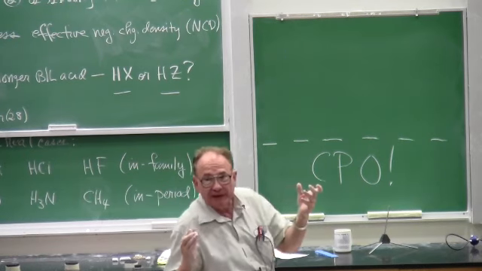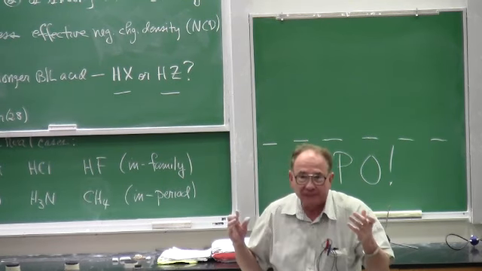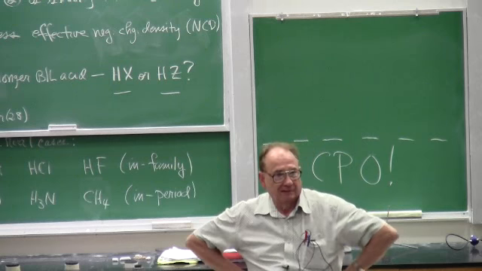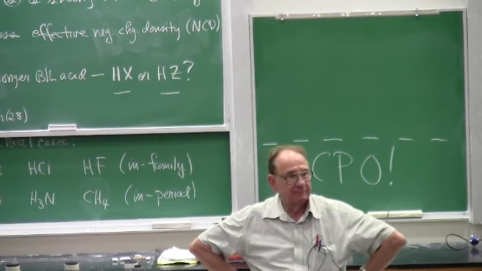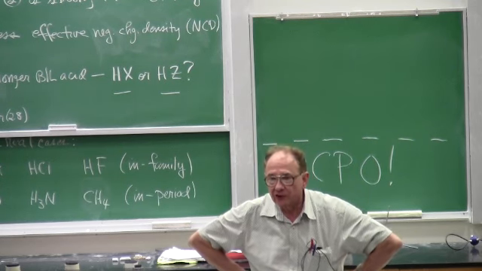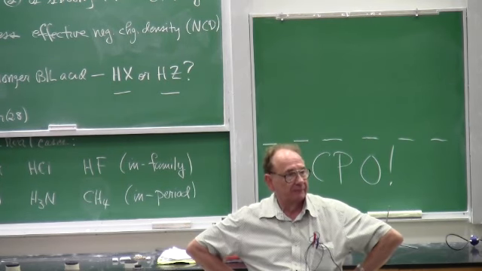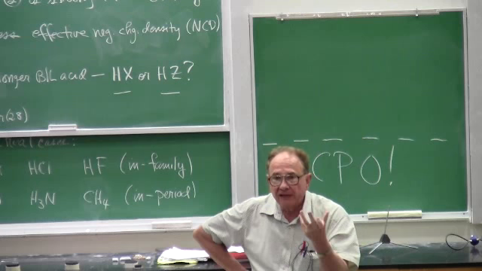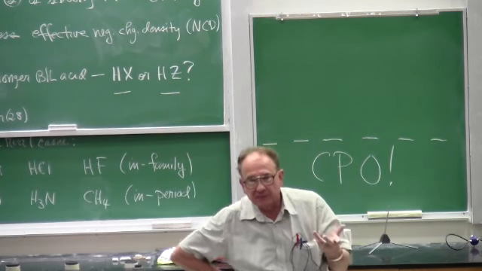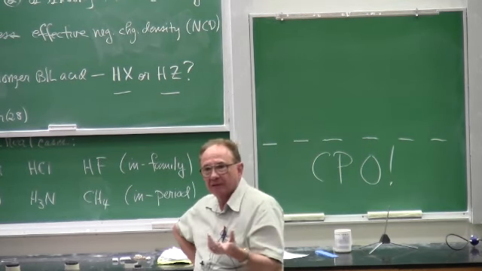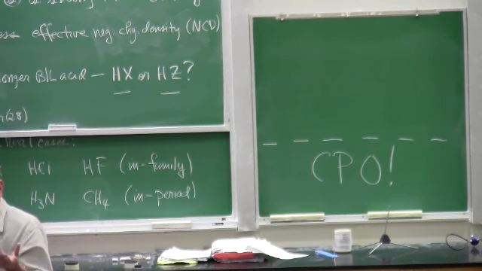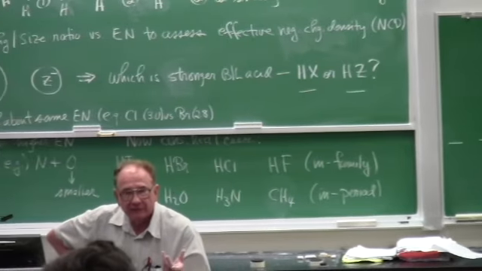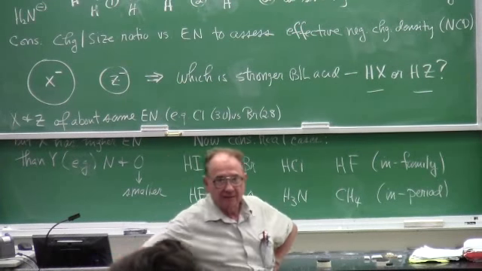So I have baseball minus and soccer ball minus. An anion derived from a baseball and an anion derived from a soccer ball. As a function of charge to size ratio, which of these imaginary bases, the baseball anion or the soccer ball anion, has the greater effective negative charge density?